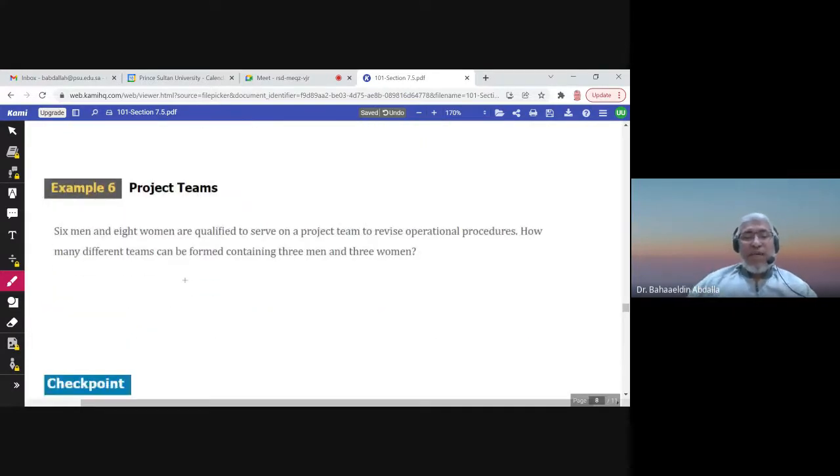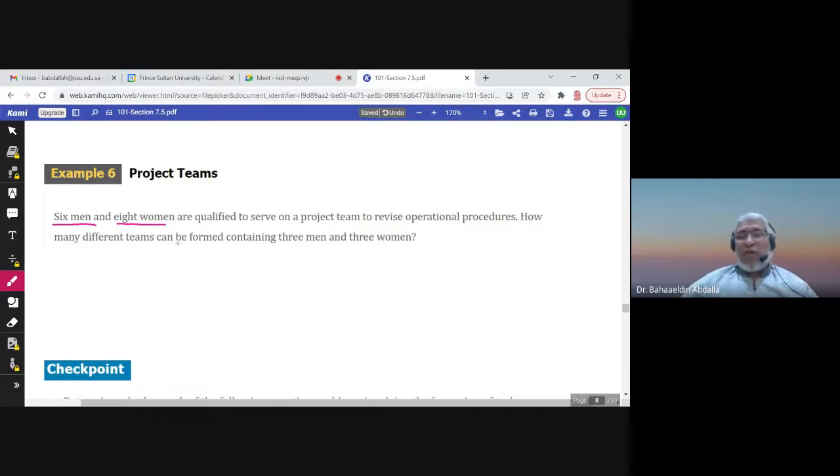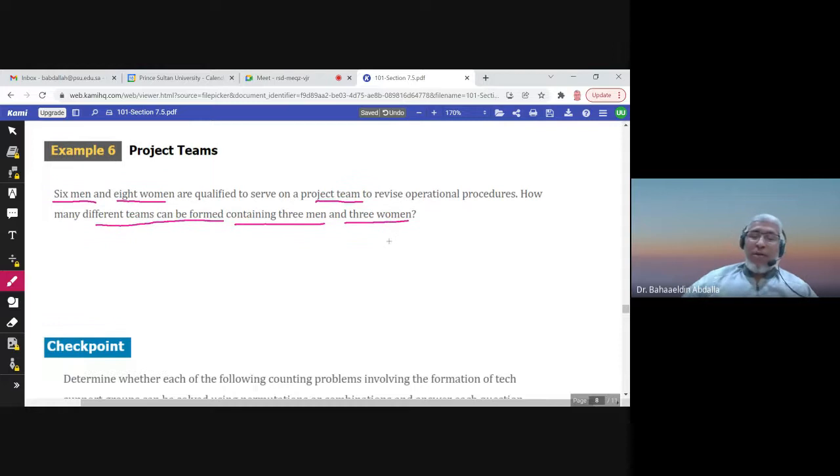6 men and 8 women are qualified to serve on a project team to review operational procedures. How many different teams can be formed containing 3 men and 3 women? We want to construct a project team, and this team contains 3 men and 3 women.